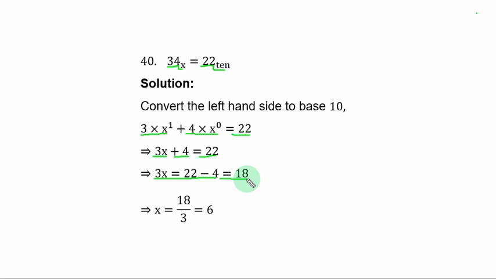What you do is that you divide both sides by 3. So s is equal to 18 divided by 3, and that is 6. That is the value of s.